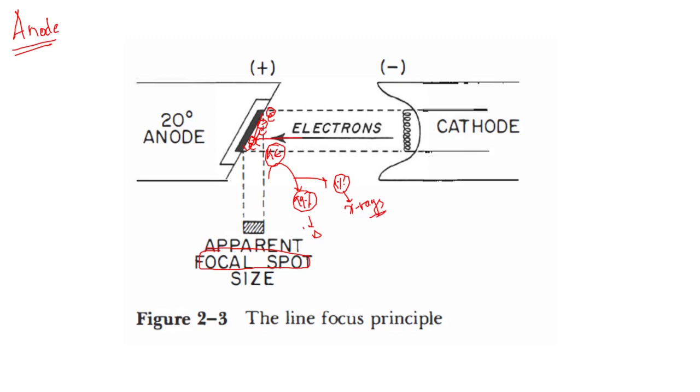Because 99% is converted into heat, there is a lot of accumulation of heat at the tungsten anode. This accumulation of large amounts of heat might damage the tungsten target. Normally tungsten has a melting point of 3370 degrees Celsius, but it is better to keep the temperature below 3000 degrees Celsius.